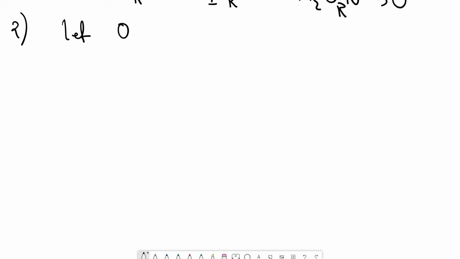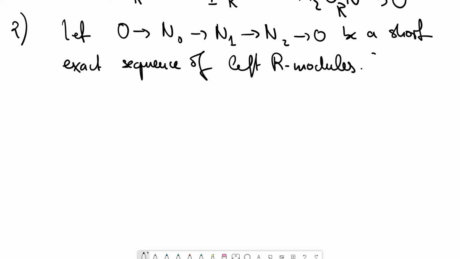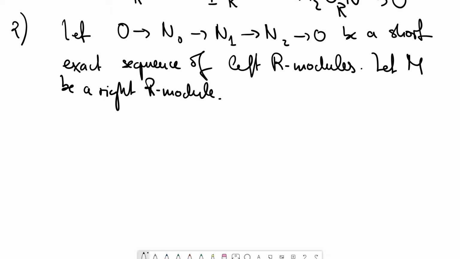Now you consider a short exact sequence for the second variable, n0 to n1 to n2. So these are left R modules. And then we have a natural long exact sequence.